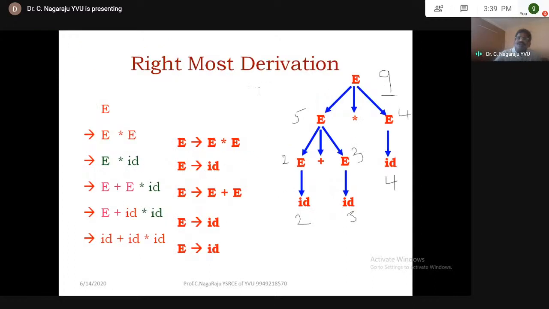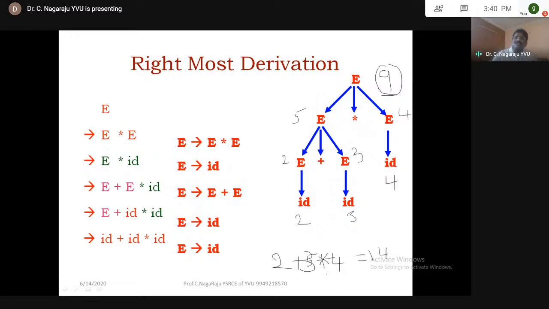Now suppose the expression is 2 plus 3 into 4, equal to how much? According to the computer, the highest priority will be given to star. So 3 into 4 is 12, and 12 plus 2 is 14. Here we are getting 14.